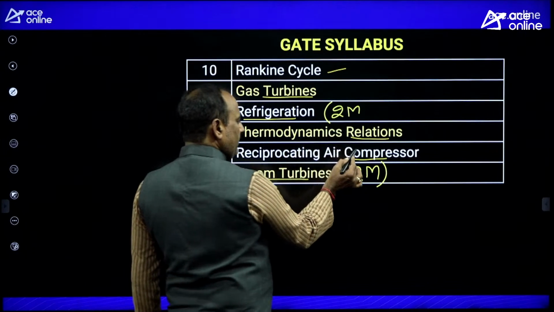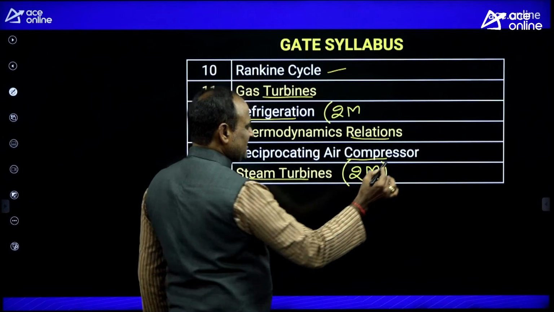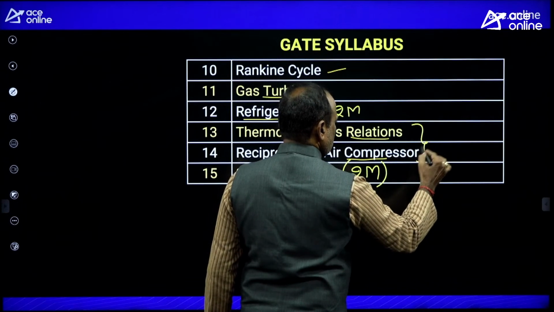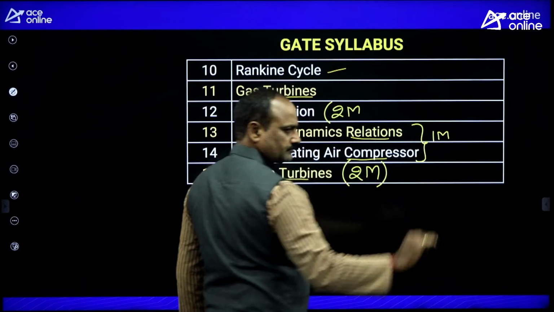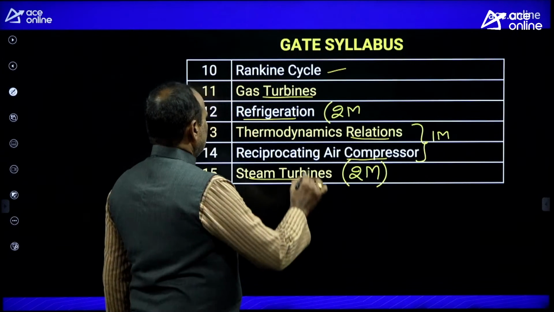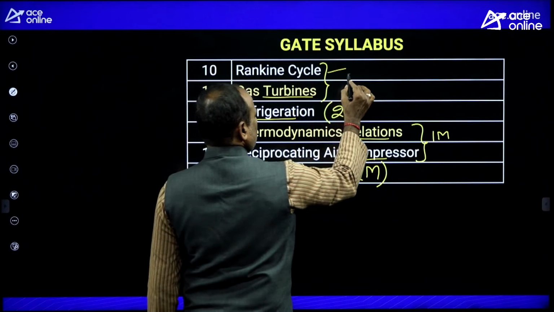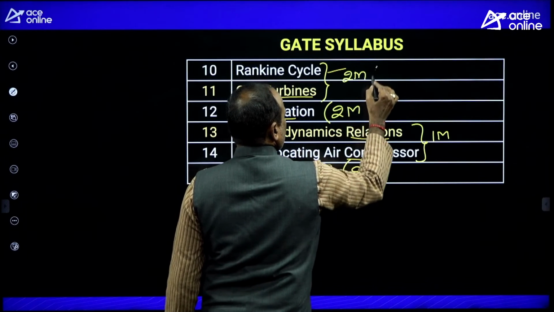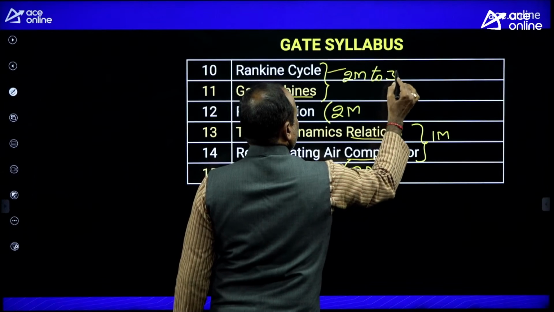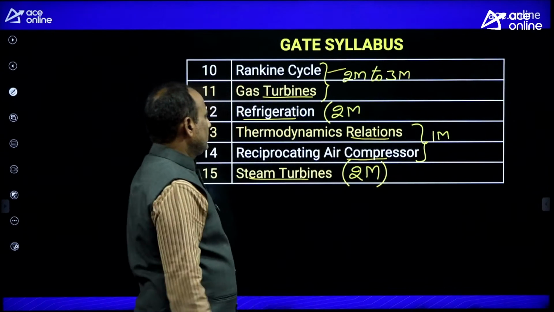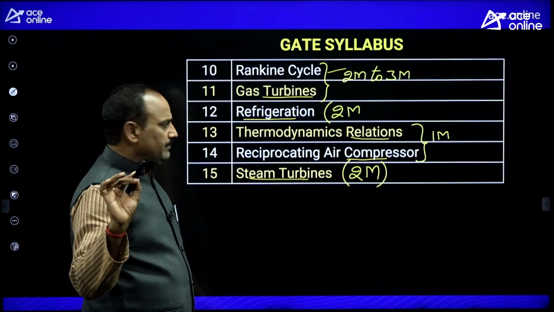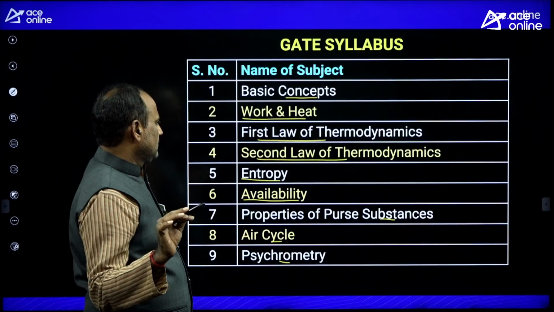From thermodynamic relations and reciprocating compressors, you can expect 1 mark. Gas turbines and Rankine cycle, 2 to 3 marks can be expected.